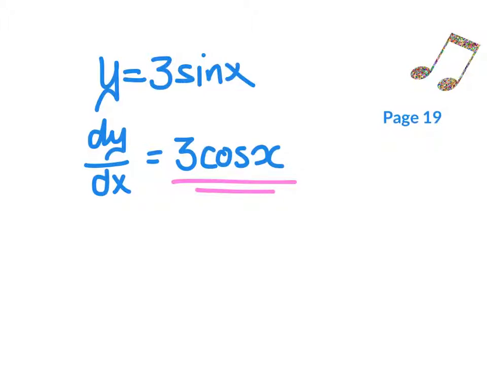It's important to remember that when we're differentiating trig functions we need to be working in radians and not degrees. In our next example that's going to become a little bit more important.